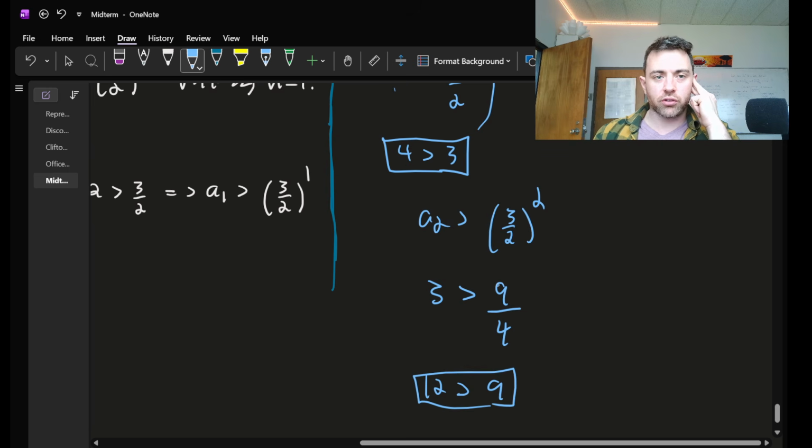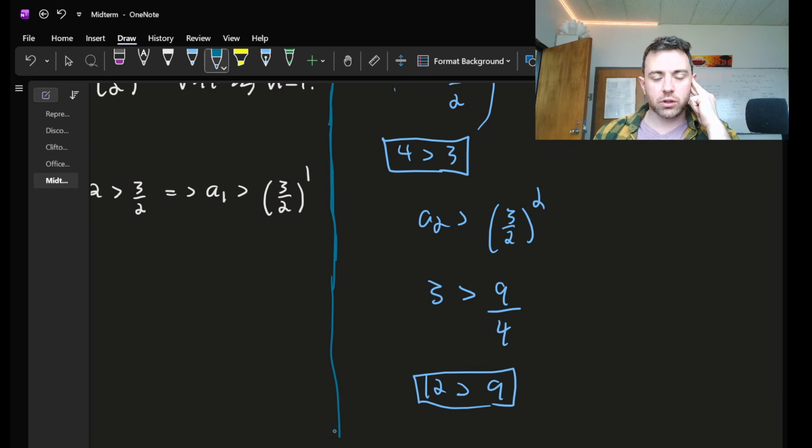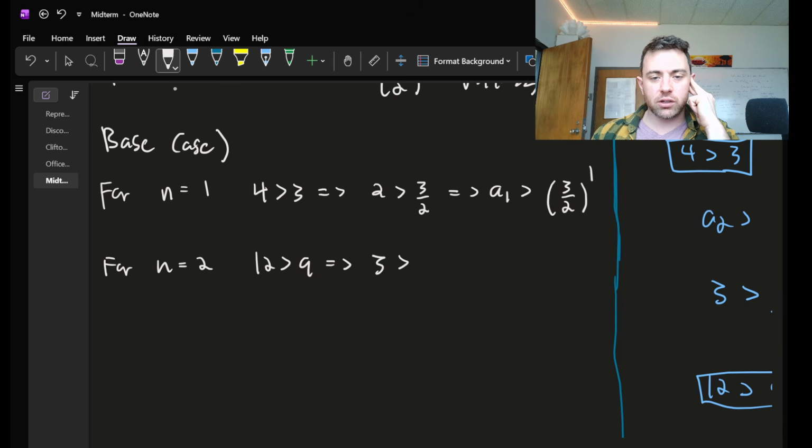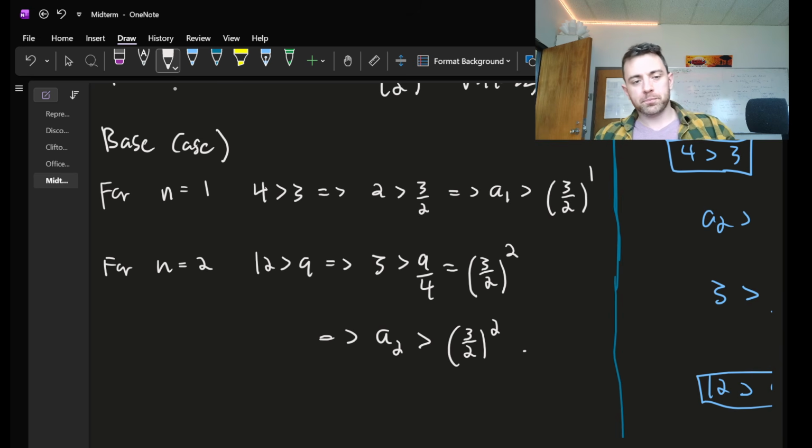So I want to start with this obvious fact and work my way back. For n equals 2, we have 12 over 9, which implies 3 is bigger than 9 over 4, and 9 over 4 is equal to 3 over 2 to the 2, and this implies that a2 is bigger than 3 over 2 to the 2, right?